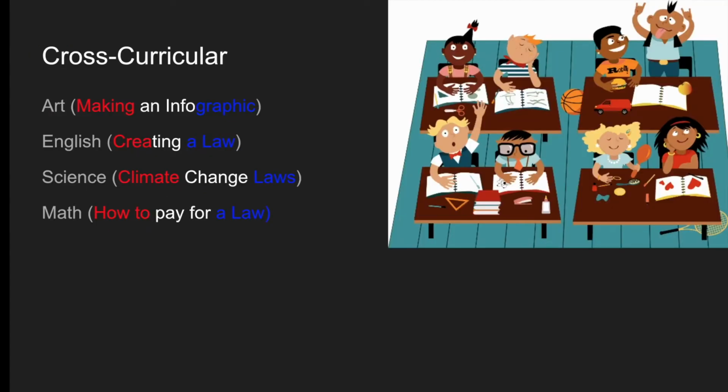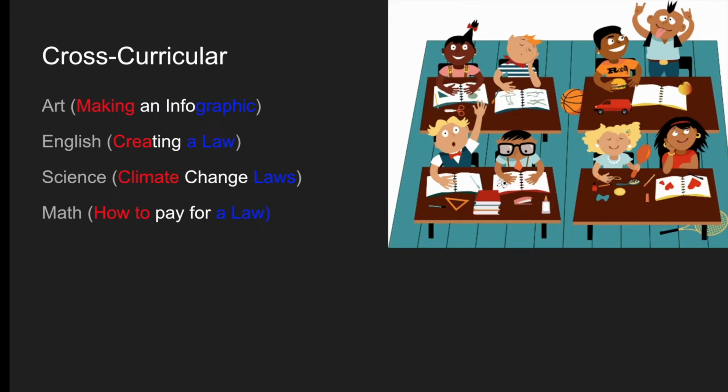Next, we go into some of the cross-curricular ideas that I have for what they could do for projects. So for art, when they make an infographic on the Bill of Rights, they can work with an art teacher. For English, working with an English teacher when they need help creating a law and learning how to write the certain style.